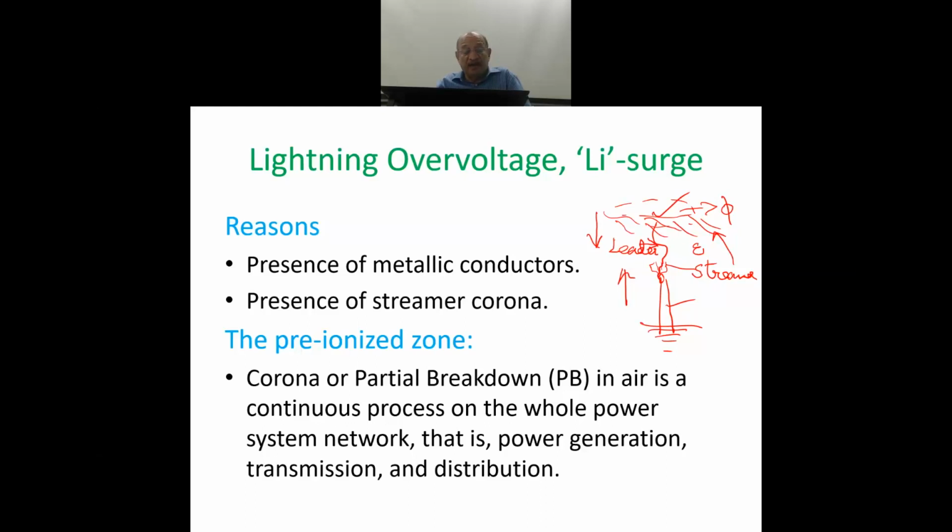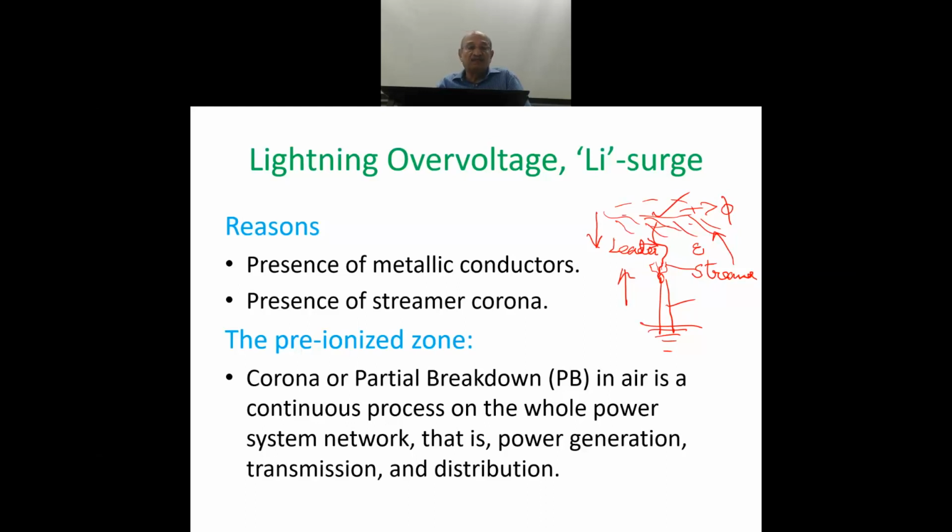In fact, when some kind of corona activity, that is partial breakdown activity, keeps going on in the power system network, you would appreciate that it ionizes the air, and the continuous partial breakdown or corona activity makes a kind of pre-ionized zone over the network.